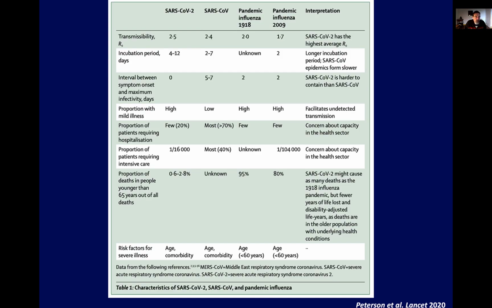This came from one of your readings for this week that shows just some of the different properties of the human coronaviruses as well as pandemic flu from 1918 and pandemic flu in 2009. These relate to the reproductive rate, which is the average number of people that an individual with the infection will go on to infect, and the incubation period.